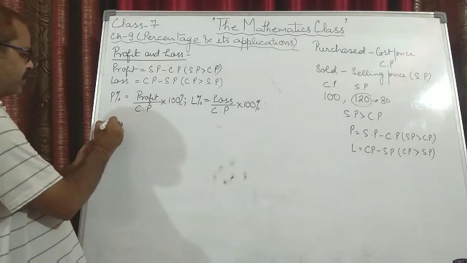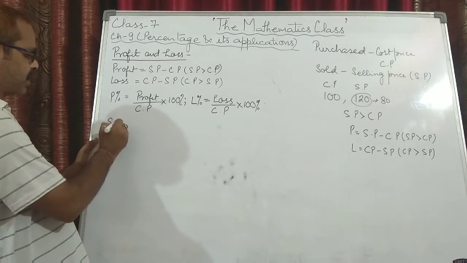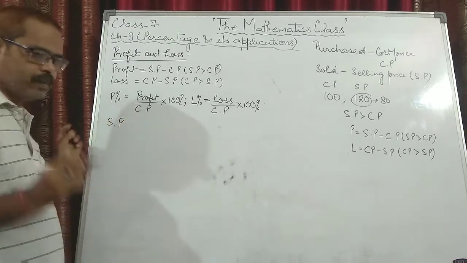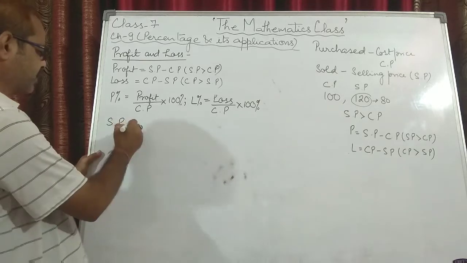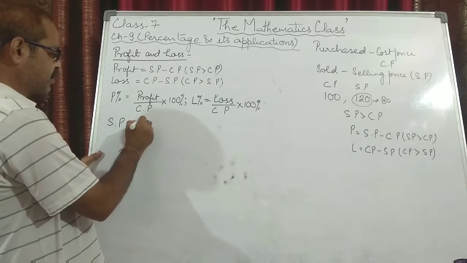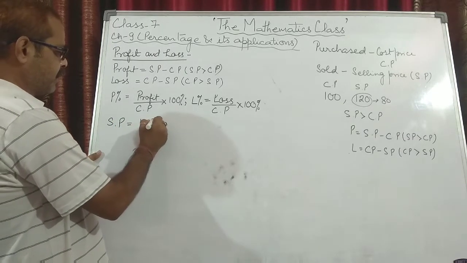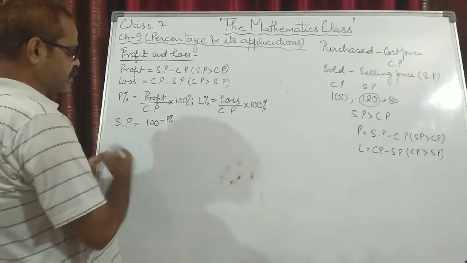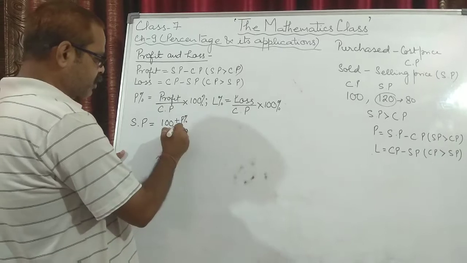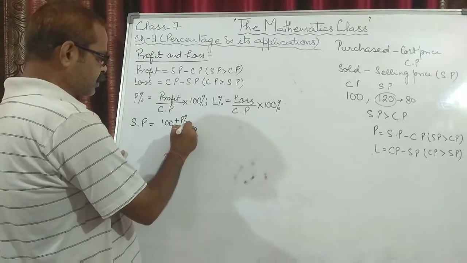Now there is one more formula that you need to remember: how we calculate selling price when profit percent or loss percent is given. So selling price is equal to 100 plus profit percent if profit is given, or if loss is given then 100 minus loss percent, upon 100, into CP.